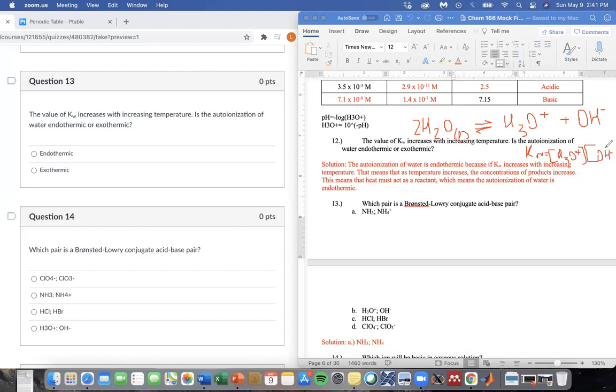In order for your Kw to increase with increasing temperature, it must mean that when you increase the temperature, you produce more H3O plus and OH minus. So you have to figure out which side, if I add heat onto it, will produce more H3O plus and OH minus.